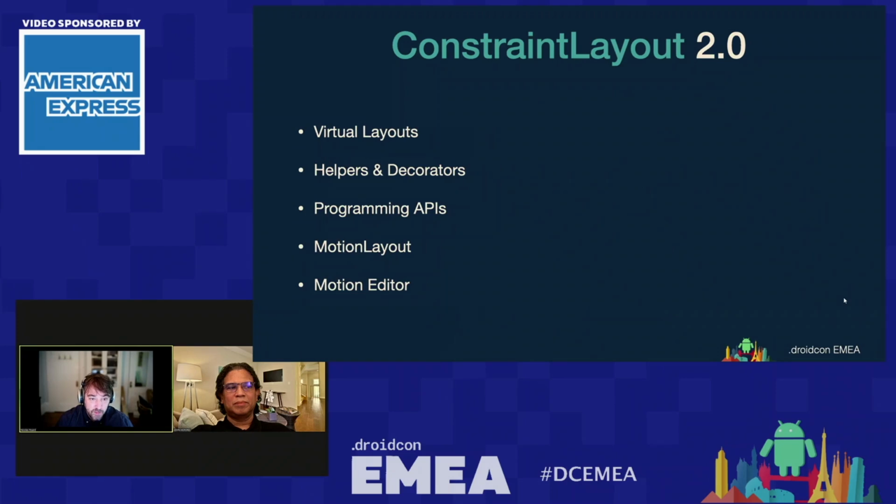We added new programming API so that you can also control stuff directly in code as you need. And of course, and John is going to cover that quite a bit, we brought MotionLayout, which is a subclass of ConstraintLayout that adds a lot of cool stuff in terms of animation. And similarly to ConstraintLayout with a layout editor, we also wrote a new motion editor in Studio.